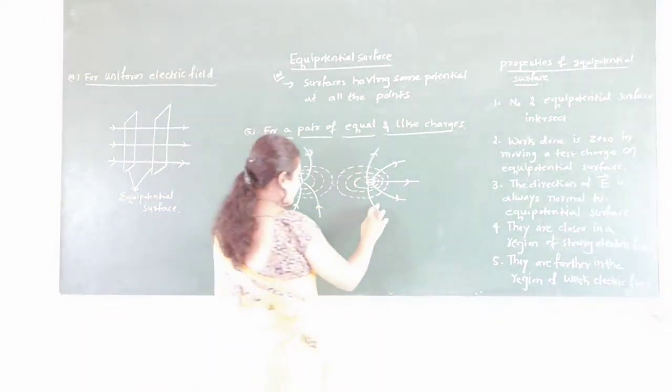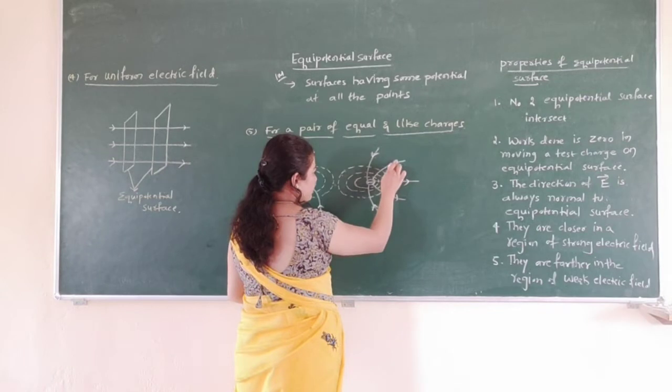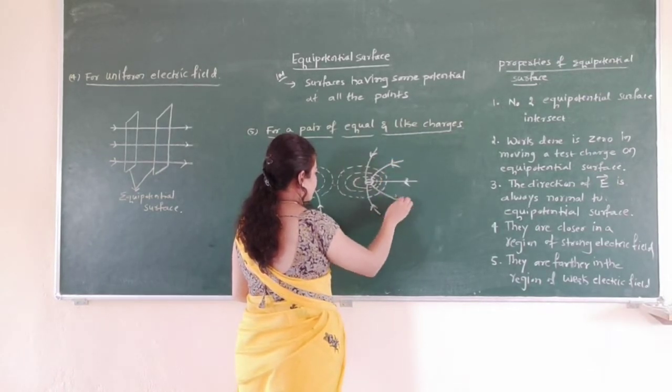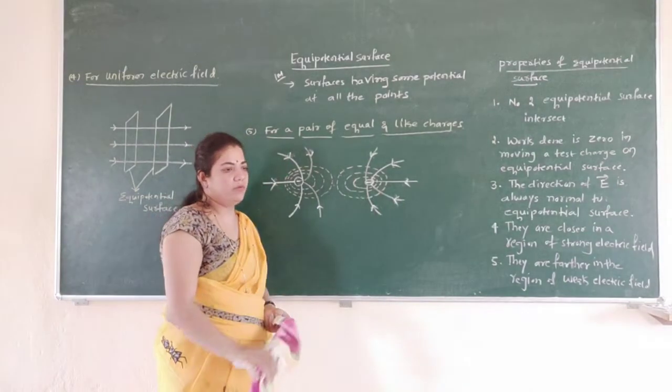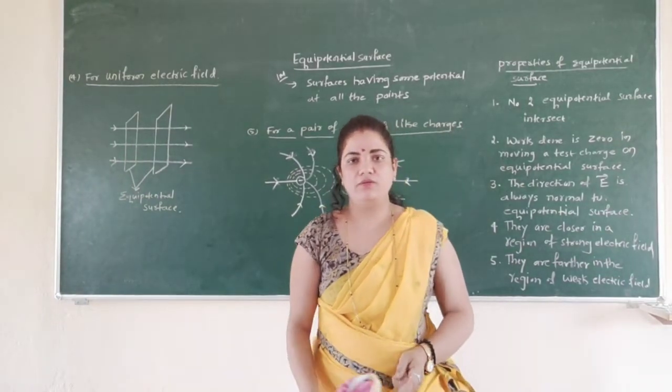Like this. So this is how to draw equipotential surface for different kinds of charges.